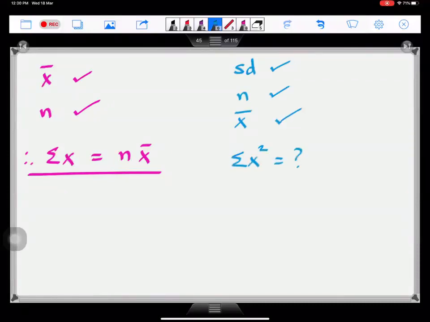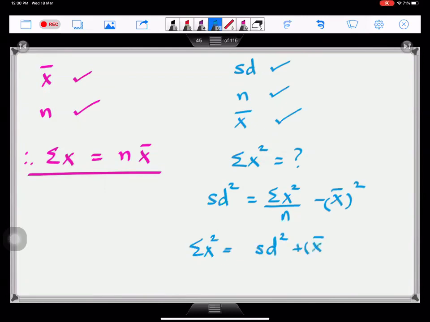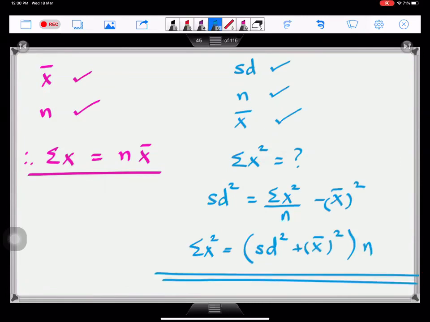Can you find it? Yes, you can. Standard deviation square is sigma x square over n minus x bar square. Make sigma x square the subject if you have studied O-level math properly. SD square plus x bar square, bracket closed, multiplied by n, that is sigma x square.